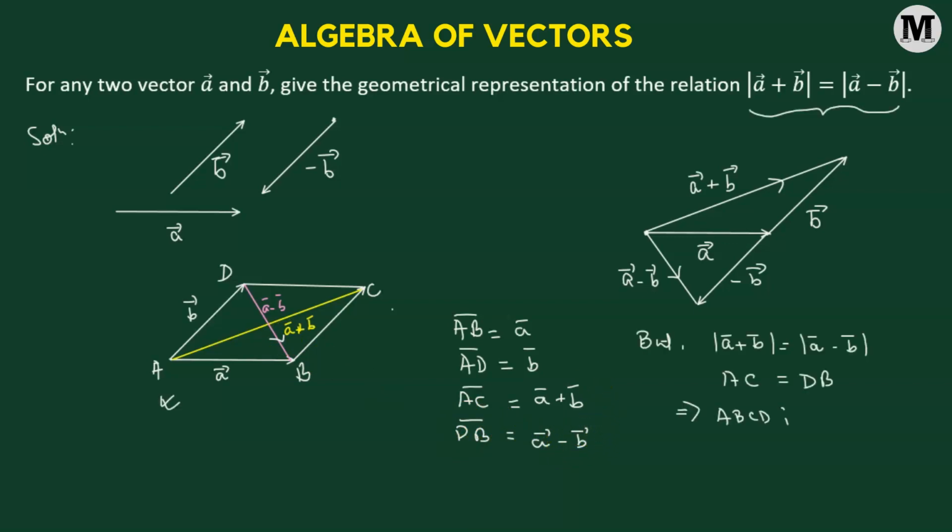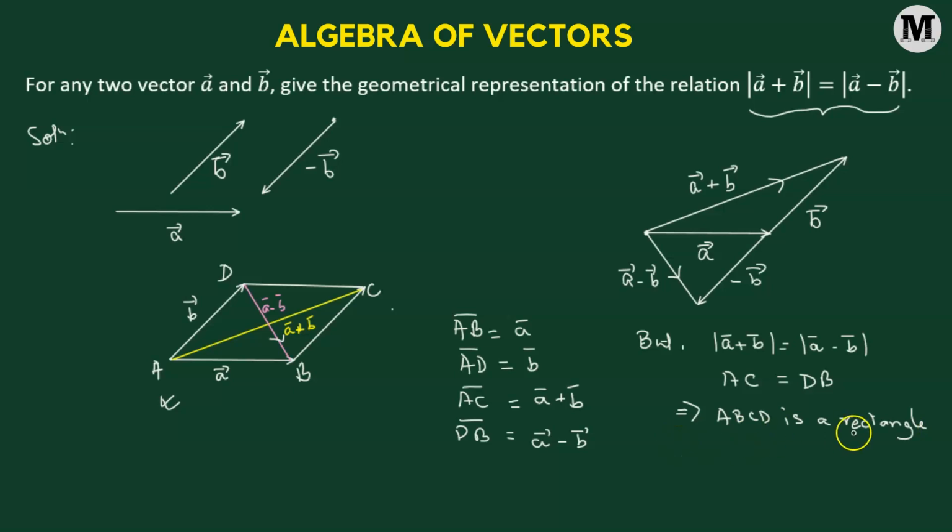Fine. But it is given in the problem that the magnitude of the sum of the two vectors A and B equals the magnitude of the difference of the two vectors. So since the magnitudes are equal, that means AC will be equal to DB. The diagonals are equal, and we know that whenever the diagonals of a parallelogram are equal, that simply tells us that ABCD must be a rectangle.